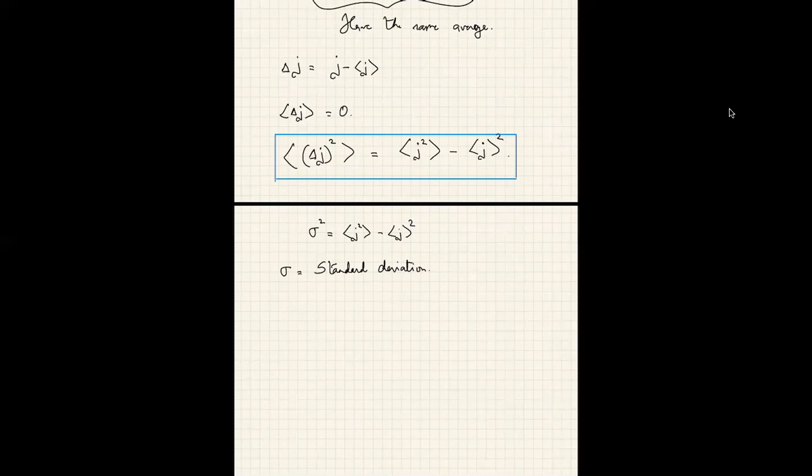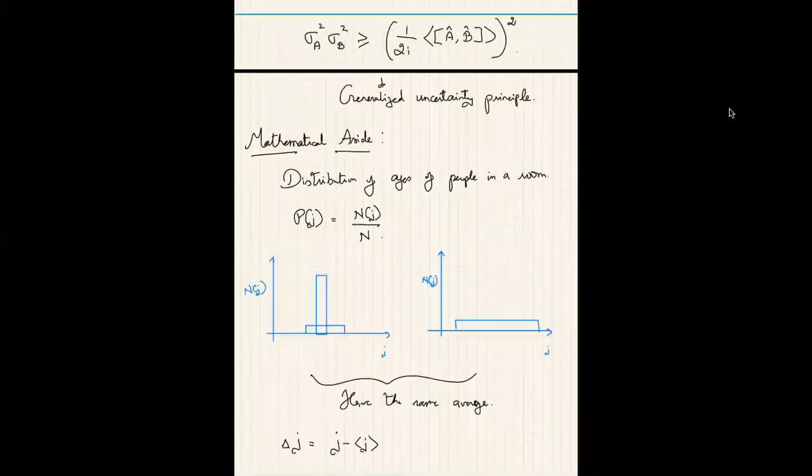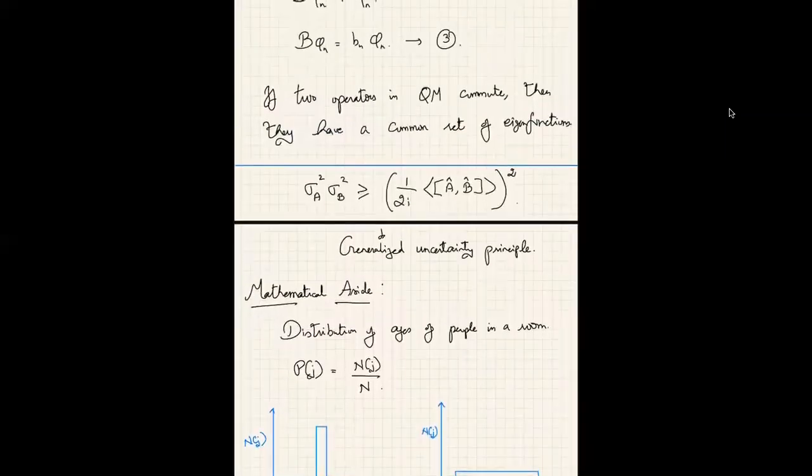Okay, so let's go back. So basically the uncertainty principle tells you that if you have two observables A and B, and if you look at their measurements, and if you look at the spread in their values, and assuming that these two operators A and B do not commute, then standard deviation of A times the standard deviation of B can never be 0.